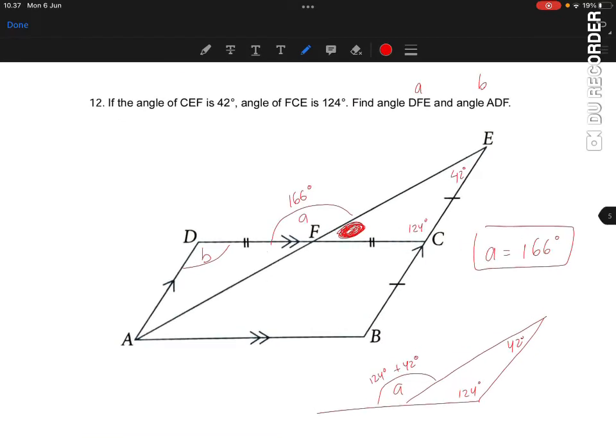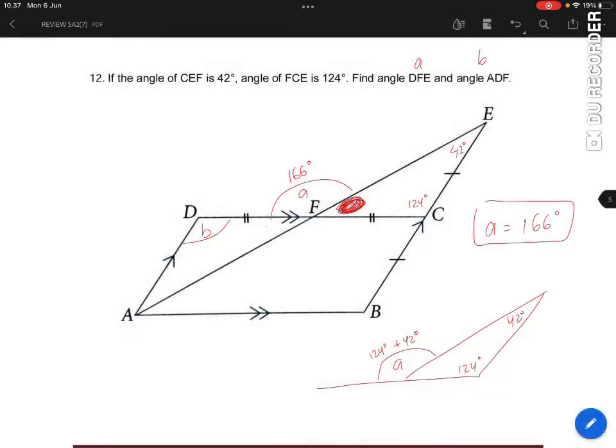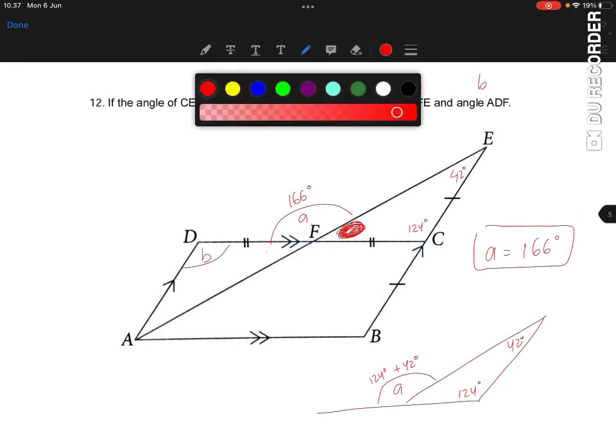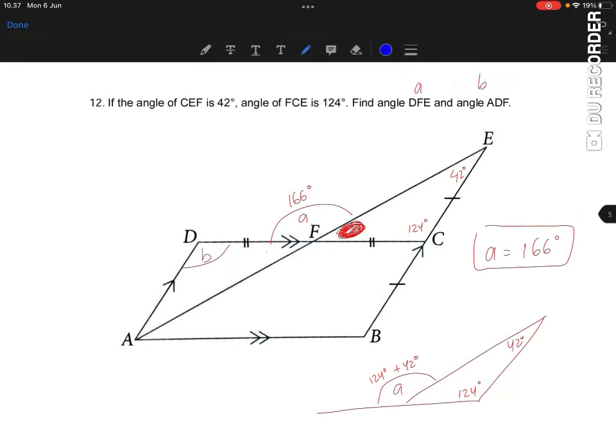Number 12B now. Here guys, I want to make another color using blue. Still remember the alternate angle. If we have a zigzag, this one is A, so this angle is going to be A. If I redraw it, we have this one is B, this one is 124, right?